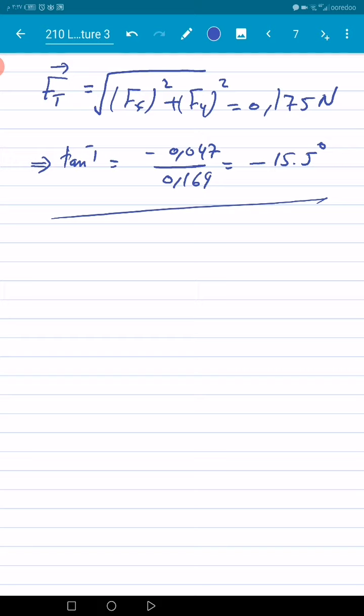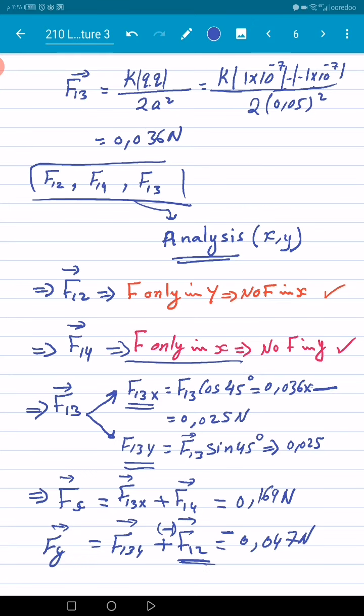So please make sure you can solve this problem mathematically, with all of the steps, and that you can use the Pythagorean theorem to solve this kind of equation.